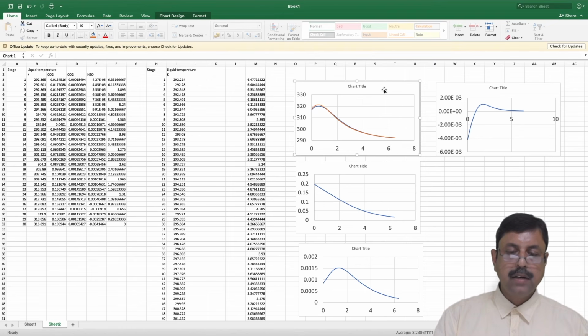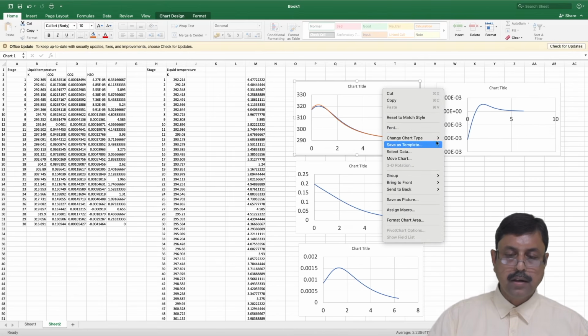If you find difficulty to understand it properly, you can shift it to a chart.